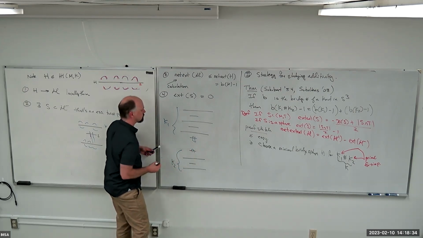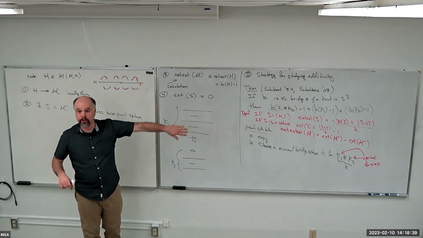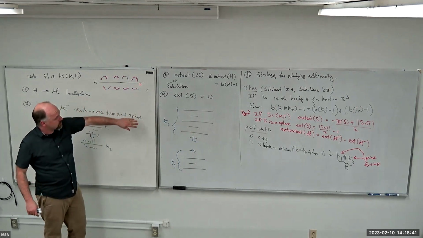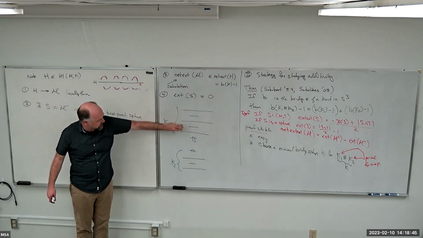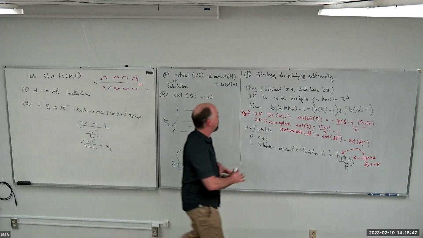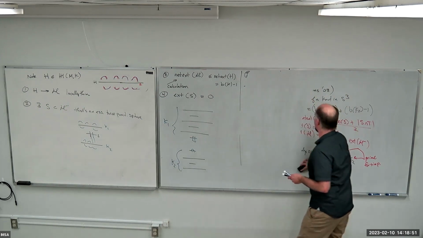Cap off. But the goal is to relate it back to bridge number. And so what you need to do is actually somehow collapse all these things back to a single thick surface in each factor. And that's the last step.